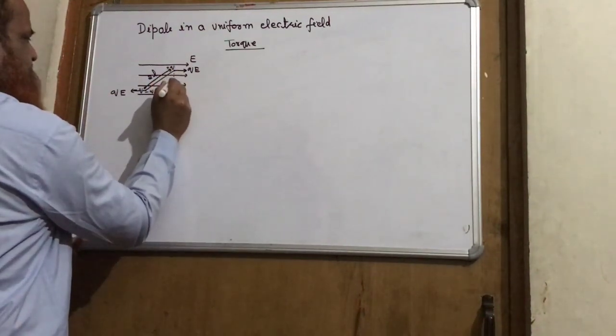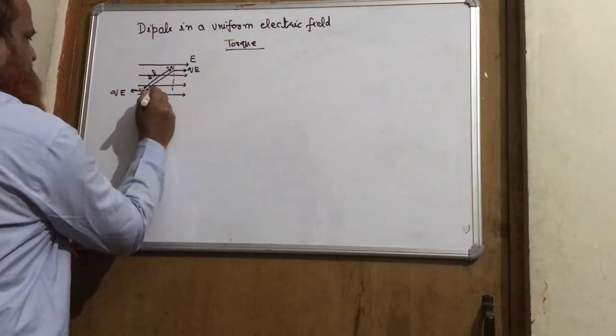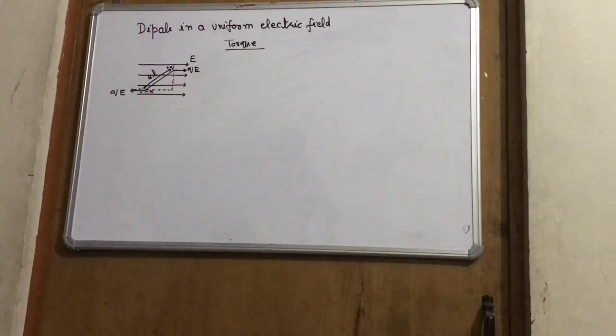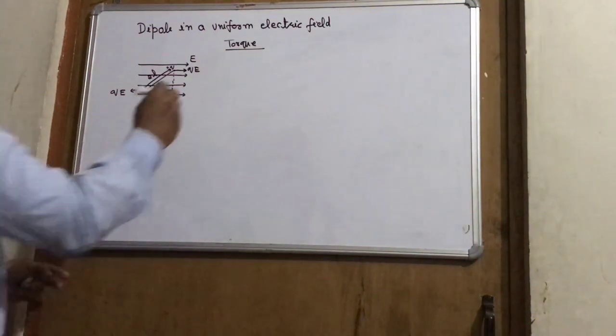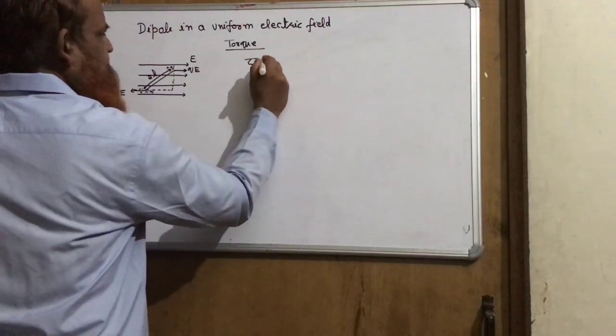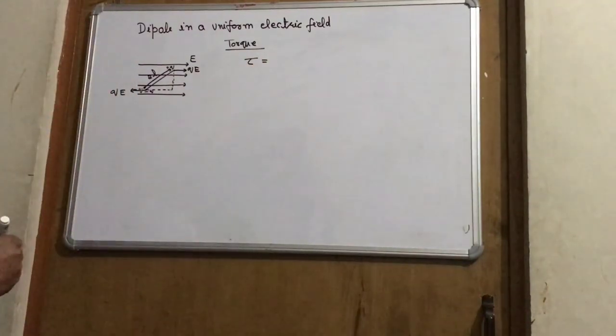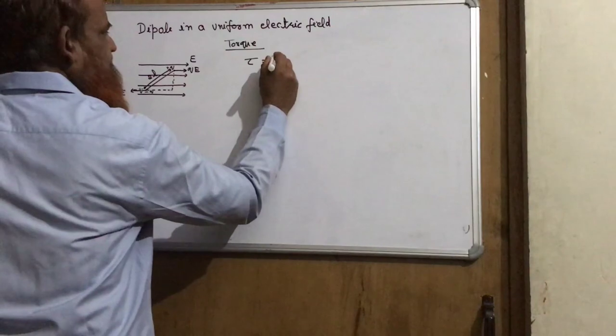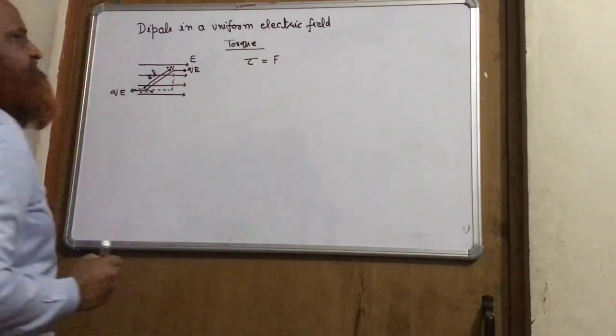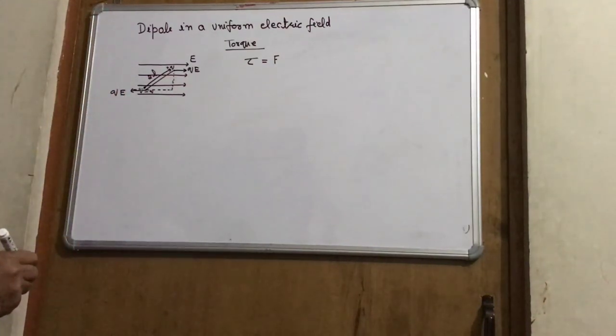Do you know what torque is? Torque, denoted by tau, is equal to one of the forces, because there are two equal and opposite forces. They want to rotate the dipole.